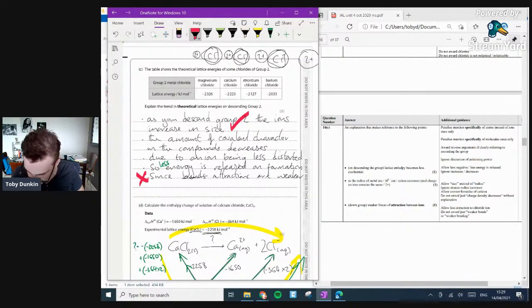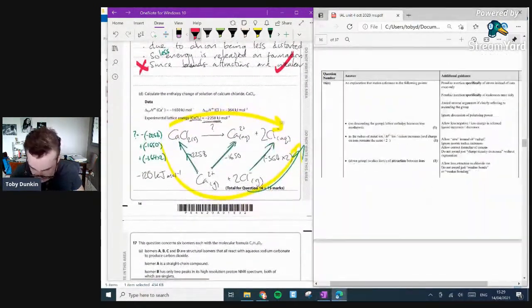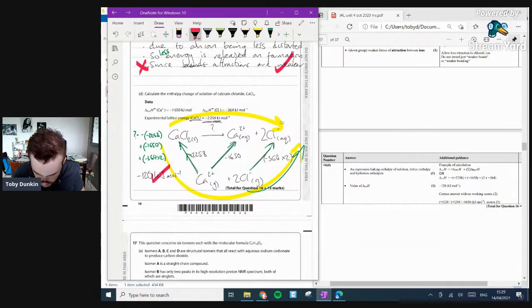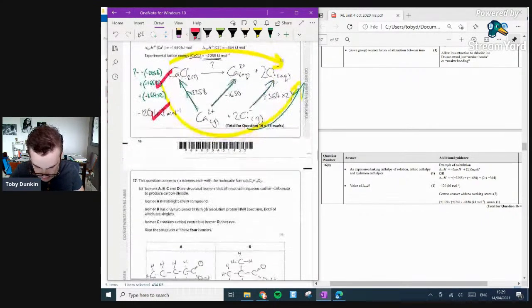Radius of the ions, so I've definitely got that one. The third one is the weaker forces of attraction between ions, so the amount of covalent character. So the anions are less distorted, so less energy is released on formation, since attractions are weaker. I'll definitely give myself 2. There we go. That one's okay. The equation is solid.